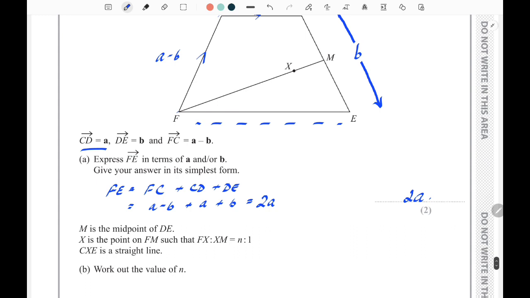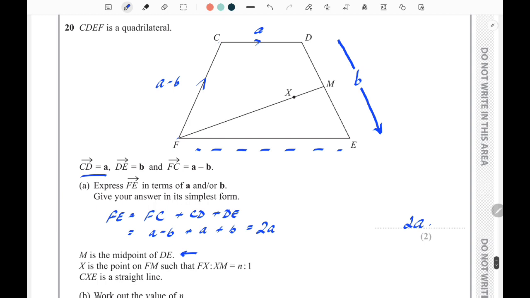Okay. Okay, now we have the next part of the question. This is the tricky part. And it says X is the midpoint of DE. So if that's a midpoint, then that is a ratio of 1 to 1, okay? And each part must therefore be half B, right?